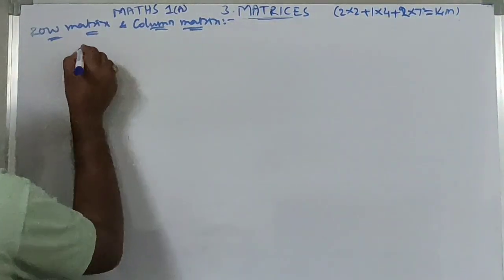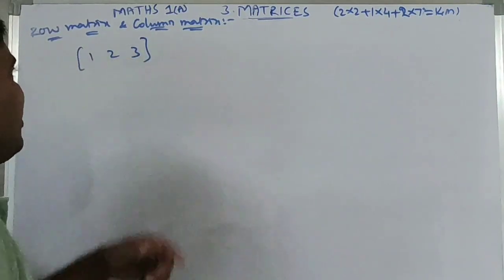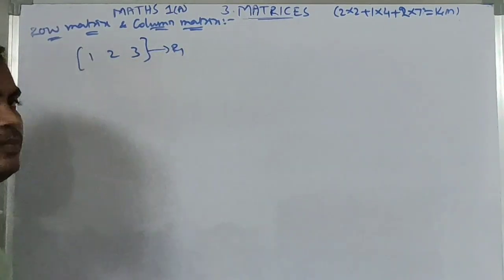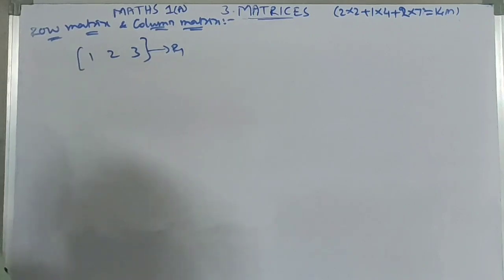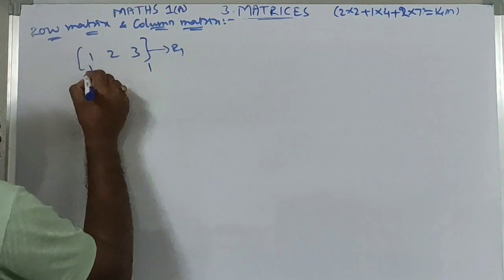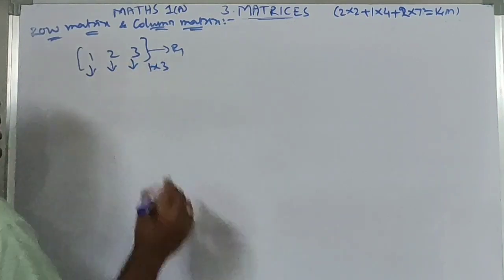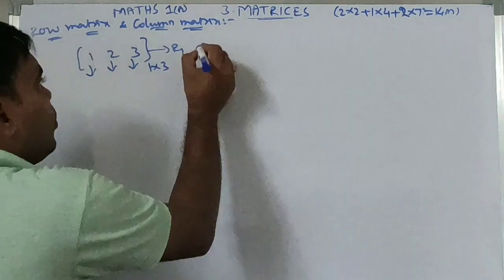For example, 1 2 3. Here we have only one row, so this matrix is called a row matrix. One row, how many columns? First column, second column, third column. Order is 1 by 3. This is a row matrix.